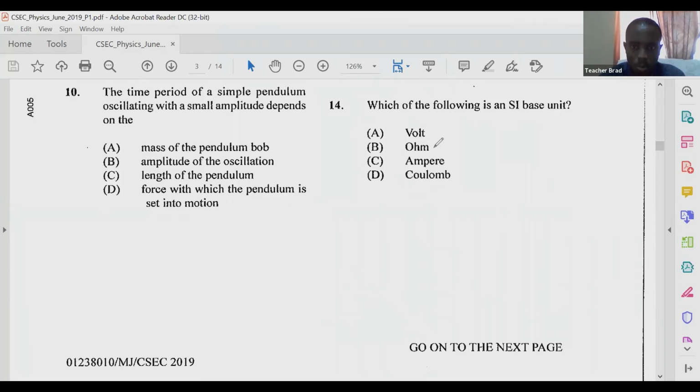The ohm is not a base unit, that's a derived unit. The ampere is an SI base unit, the SI unit for electric current, which is a base quantity. We don't even need to look at coulomb, but coulomb is also a derived unit and not a base unit. So the answer there is C as in cat, ampere.